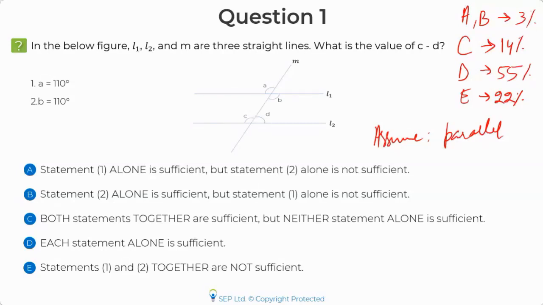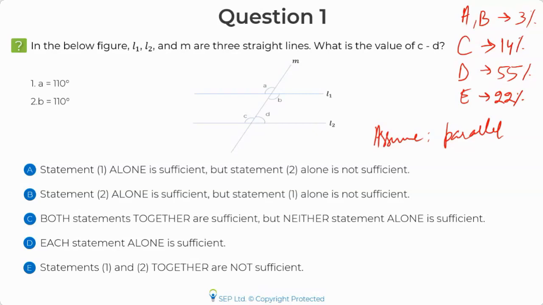But if you read the question, it says in the below figure, L1, L2, and M are 3 straight lines. It doesn't say that L1 and L2 are parallel. We don't know whether they're parallel or not. And just by looking at the diagram, I should not assume that these are parallel.